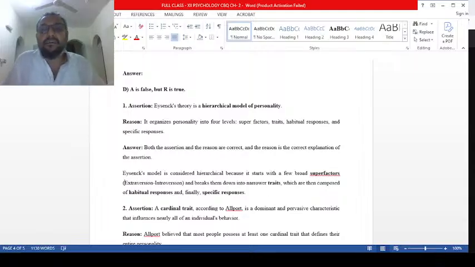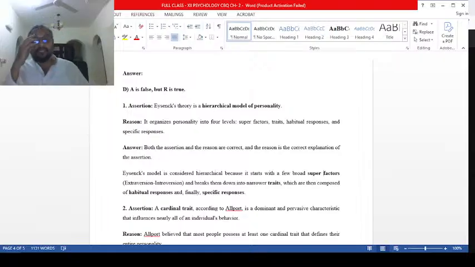I collected all this from different past papers and different areas, my children. So what exactly is the answer here? Eysenck's model is considered hierarchical because it starts with a few broad super factors, extraversion and introversion, then breaks them into narrower traits, which are then composed of habitual responses, and finally specific responses.